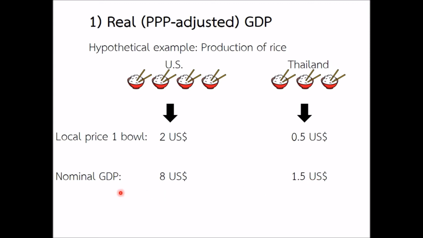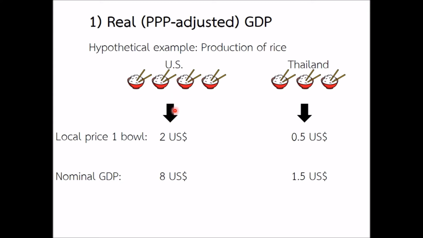In Thailand, we would need to multiply the price of 1 bowl of rice, $0.5, times the number of rice bowls produced, 3. 3 times 0.5 is 1.5. So the nominal GDP in Thailand would be 1.5 US dollars. And according to the nominal GDP, there would be a very big difference between the US and Thailand.